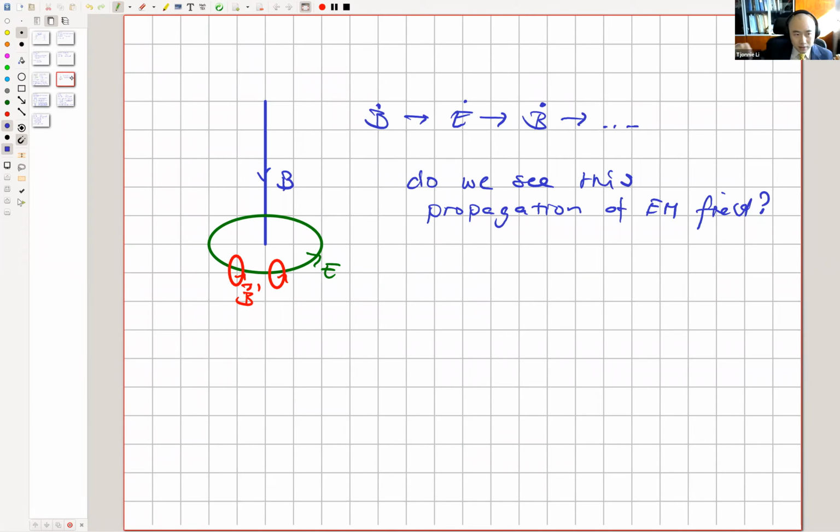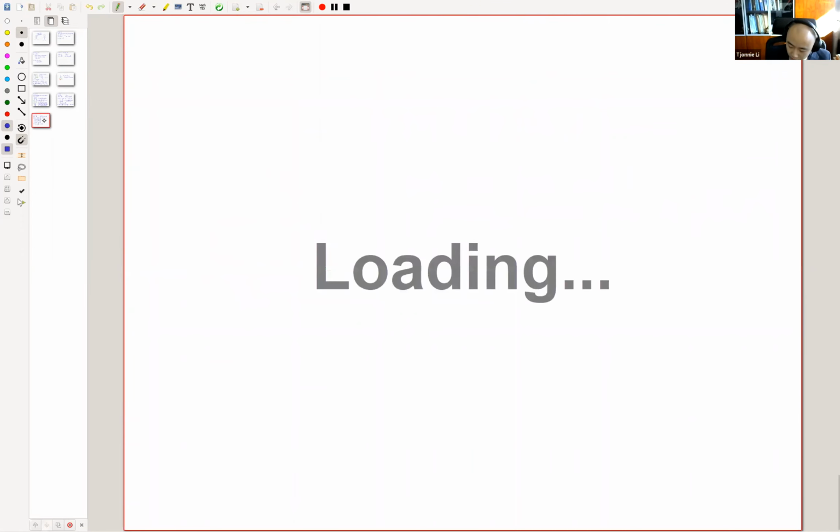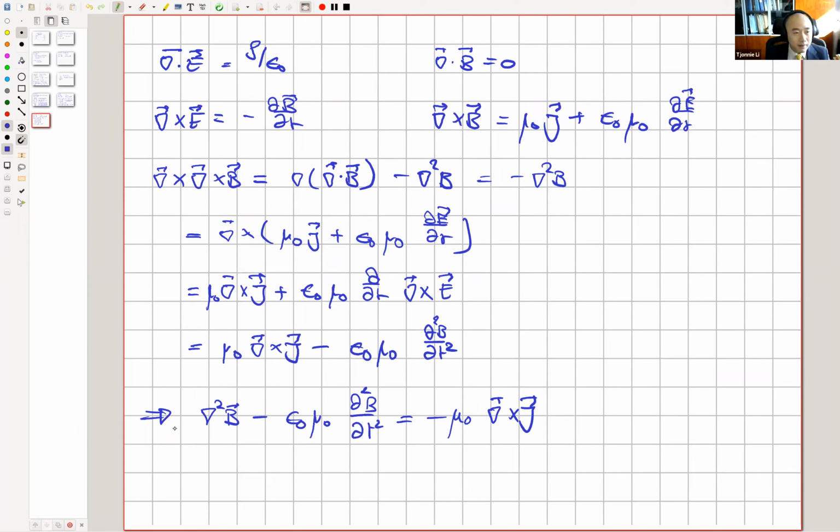So this would be something that ends up being propagated. And so here is the actual mathematical form that states, okay, indeed, we have a wave equation for the electric field and the magnetic field.